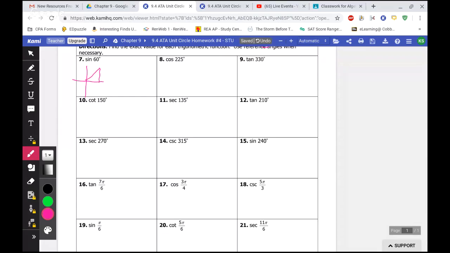What we would know is that this is the long walk, short walk. So that's going to be 1/2, and this is going to be root 3 over 2. So the y coordinate is this one, and that's sine. So our answer is root 3 over 2, but I also wanted to show it on the unit circle.